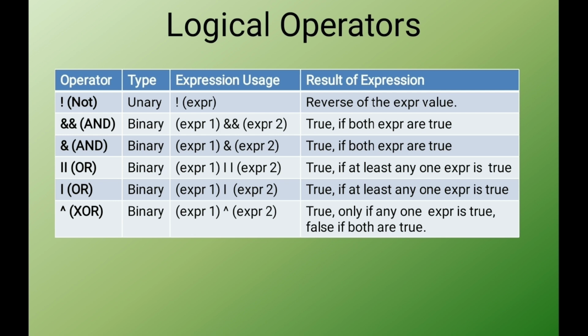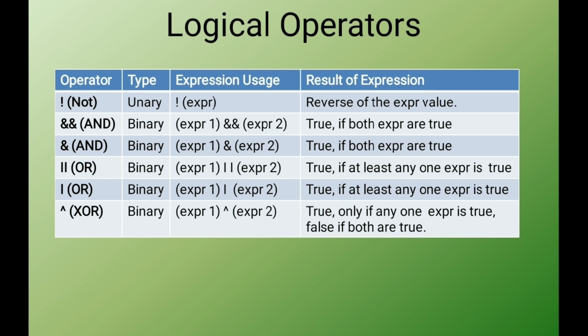Take a rough idea. The not operator reverses the expression value. For example, if the output is supposed to be true, then it will reverse the output and it will automatically become false. For the and operator, the output is true if both expressions are true. In the OR operator, out of two, at least one expression is supposed to be true.